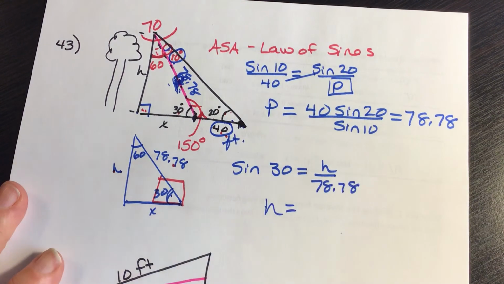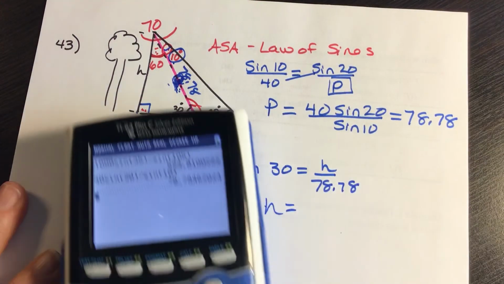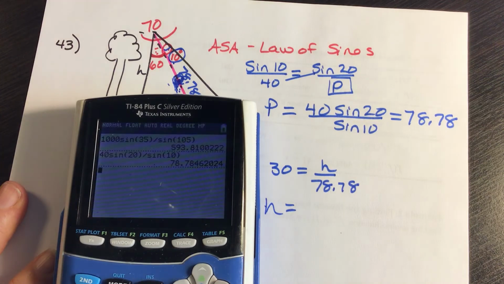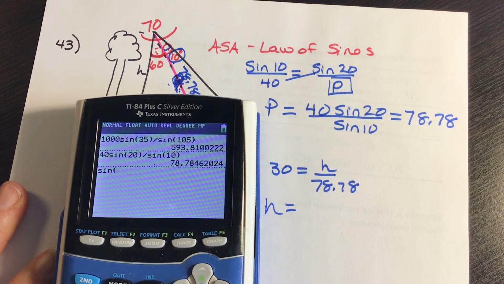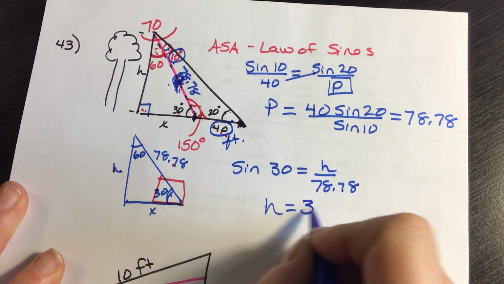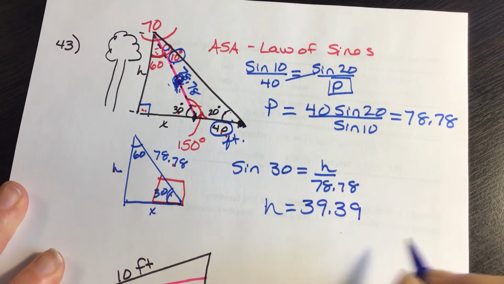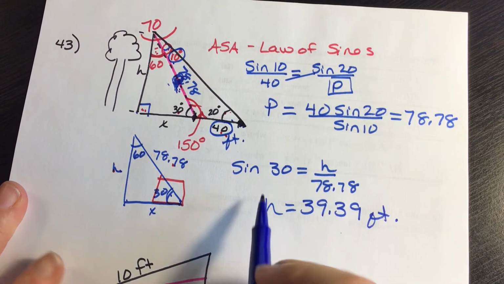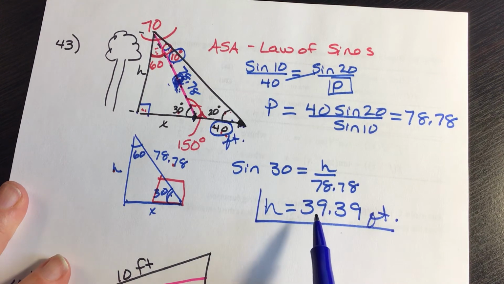So H has to equal sine 30, close parentheses, times 78.78. And I get 39.39 feet, and that is the height of the tree.